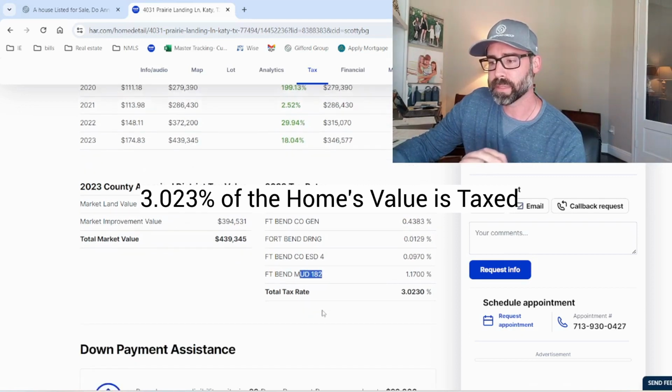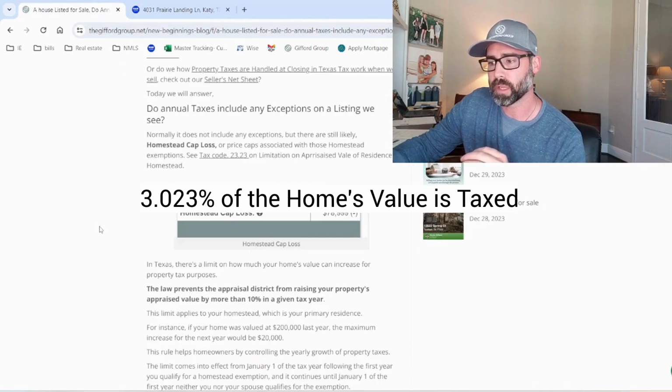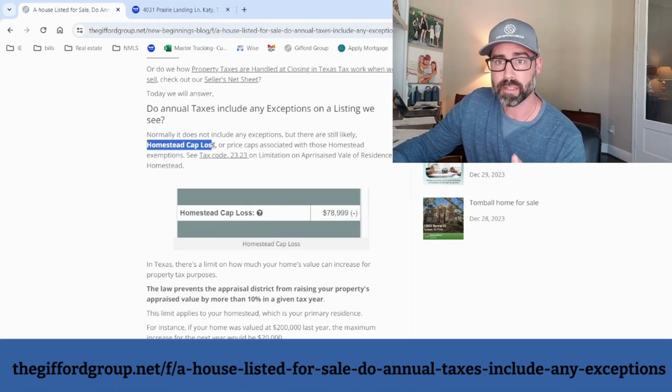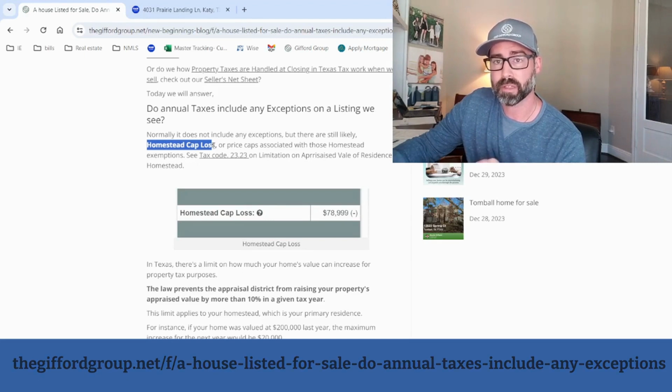But the thing it's missing here, and I'll jump over to the article that I wrote, is this homestead cap loss. Now, in Texas, we just had the new homestead exemption passed. You get a $100,000 homestead exemption now. That's amazing. You can save taxes buying, and it might actually be cheaper to buy now than it was to rent last year because of that.